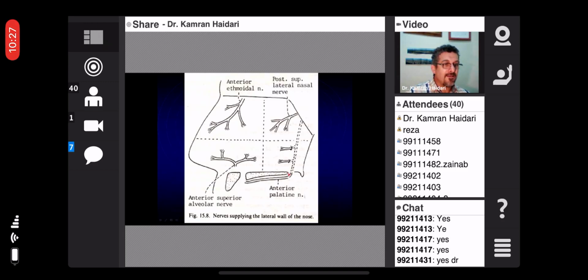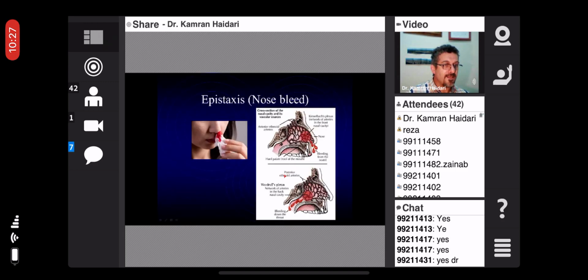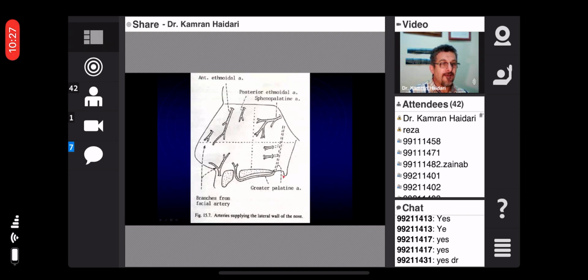Okay. Now the lymphatic drainage of the nasal cavity.